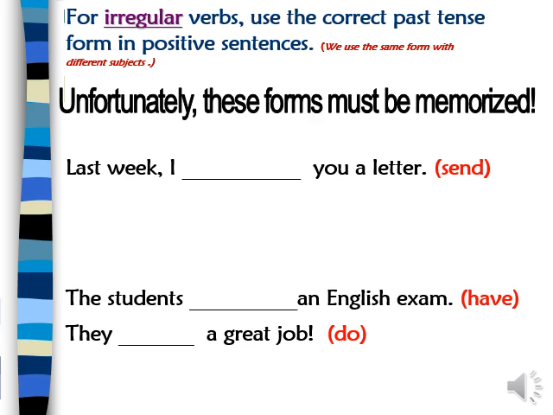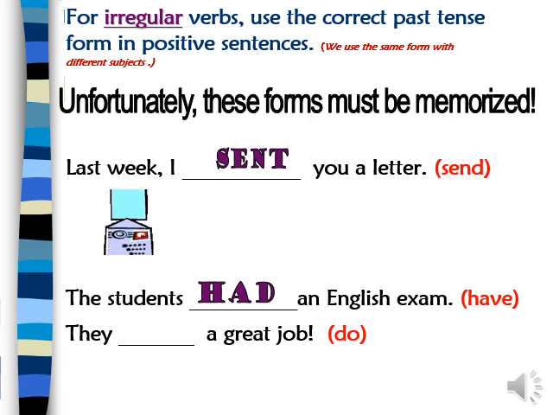Last week, I sent. Sent is the second form of the verb send. The students blank an English exam. Use the verb have. Yes, it's had. Perfect. What about the verb do? They blank a great job. The past of do is, excellent, did.